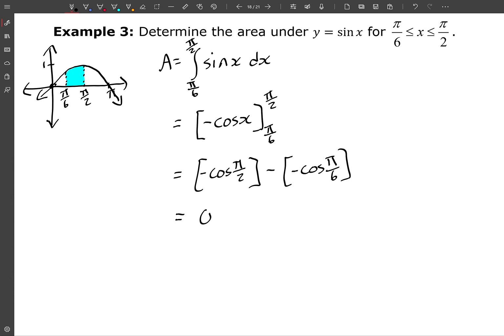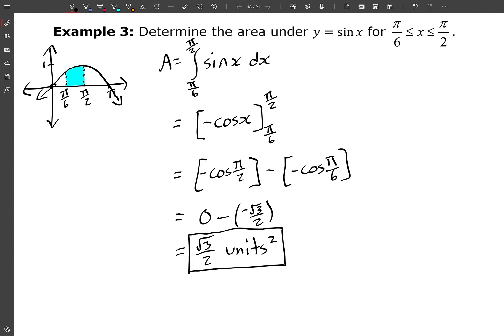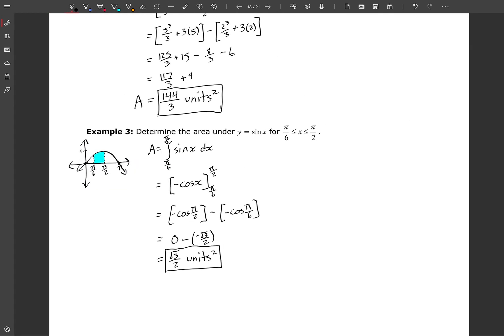Negative 0 is just 0, so we don't have to worry about that. And this is minus cos of pi over 6, which is root 3 over 2, so this is negative root 3 over 2. Careful with negatives. Negative negative is positive, so we get root 3 over 2 units squared. Done like dinner.